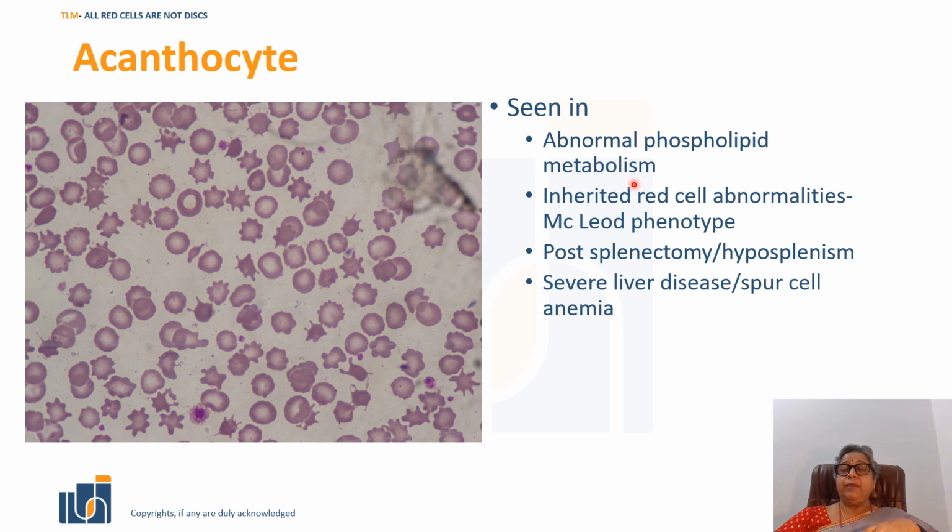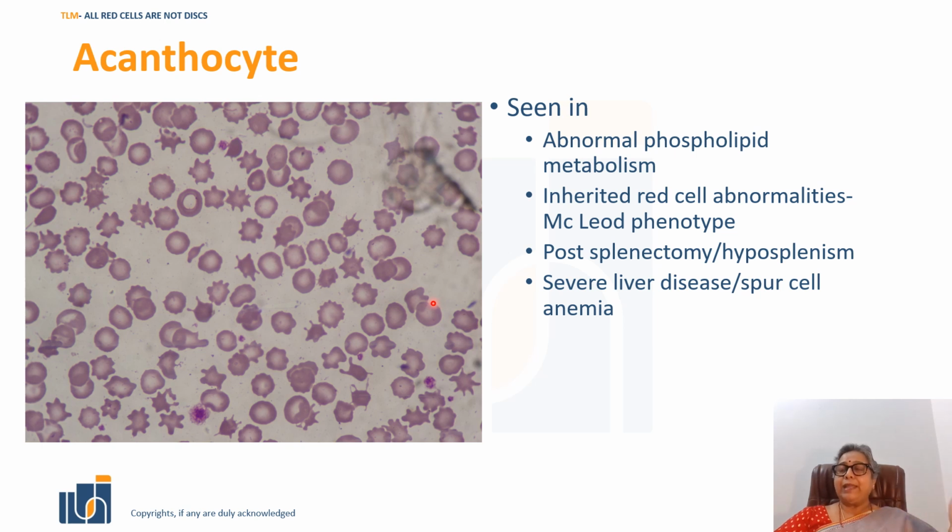And where is this seen? Abnormal phospholipid metabolism, inherited red cell abnormalities like the neuroacanthocytosis phenotype, post-splenectomy or hyposplenism, and severe liver disease or spur cell anemia. In severe liver disease, you'll find both acanthocytes and echinocytes, so they are easy to pick up on the blood smear.